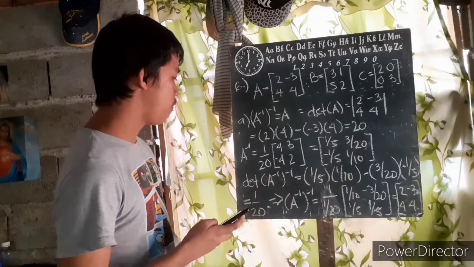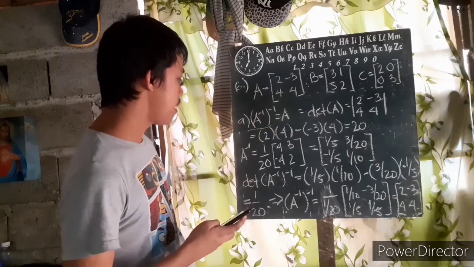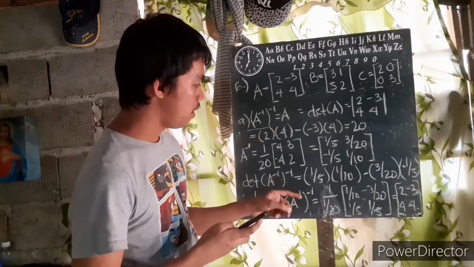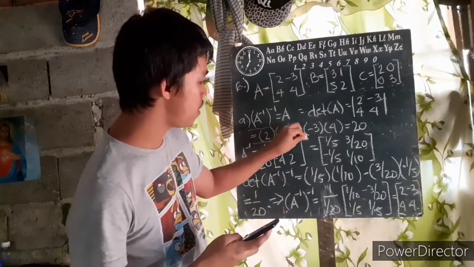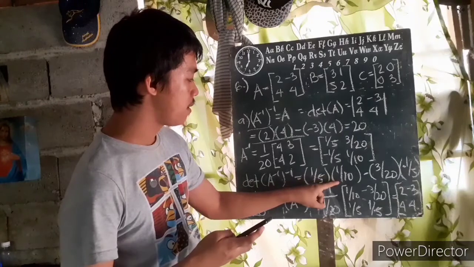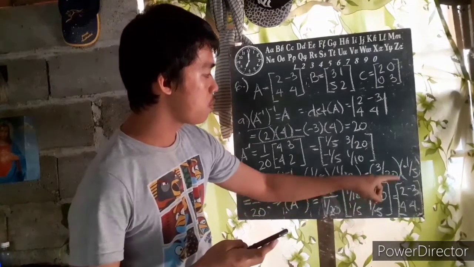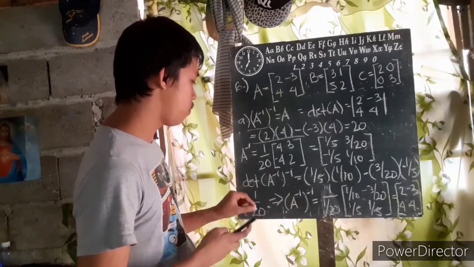Next we need to find the determinant of inverse A, so we do it like this: 1/5 times 1 over 10 minus 3 over 20 times negative 1/5. We come up with the result of 1 over 20.